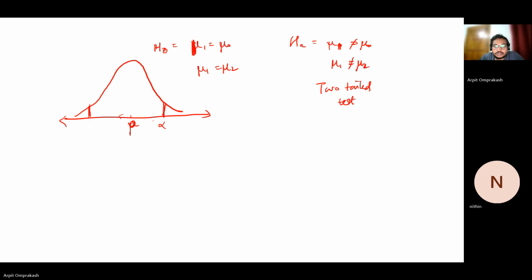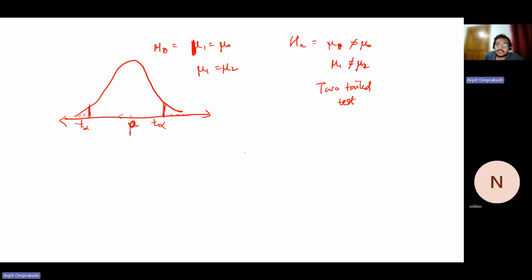So let's say we are doing a t-test, this is t alpha, this is minus t alpha. If our values go beyond this or beyond this, we reject our null hypothesis and we say that our alternate hypothesis is true and there is a difference between the means, or the value of the mean is not equal to the constant value that we are talking about, right? So this is for a two-tailed test.